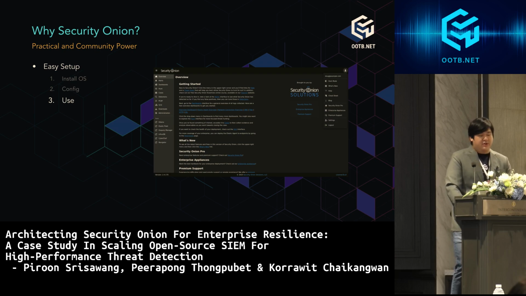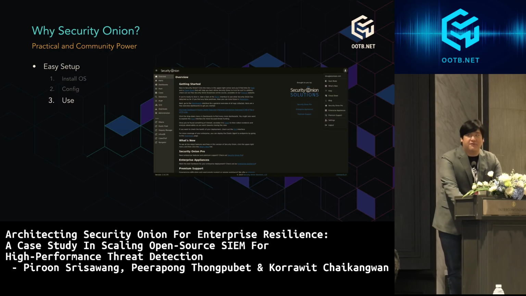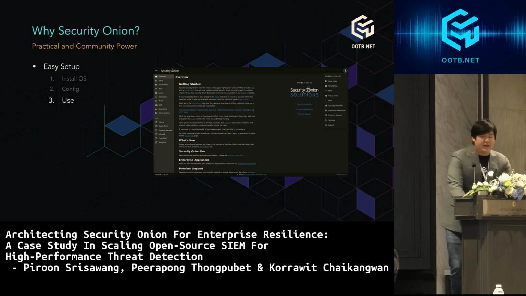But with Security Onion, it is at least on par with some enterprise-scale solutions in terms of ease of deployment. The difference is that we, as engineers, understand every layer of the system because we configure it ourselves. That makes it much easier later when we need to customize or troubleshoot it. So in practice, the setup is not only manageable, but it also gives us a deeper understanding and flexibility right from the start.